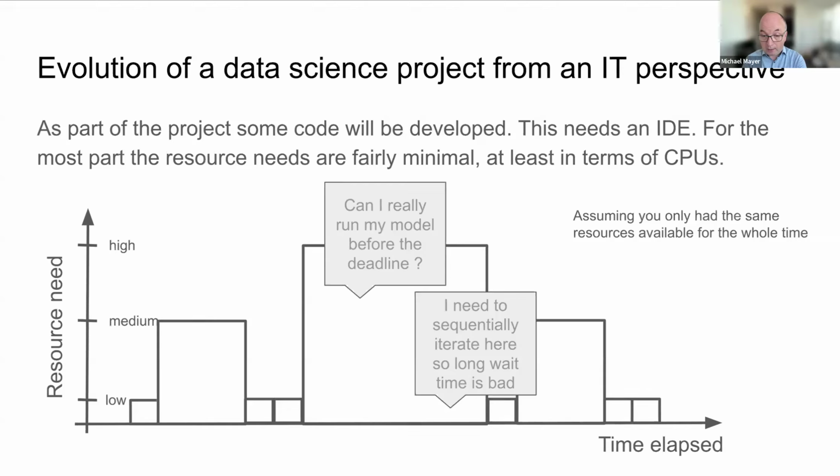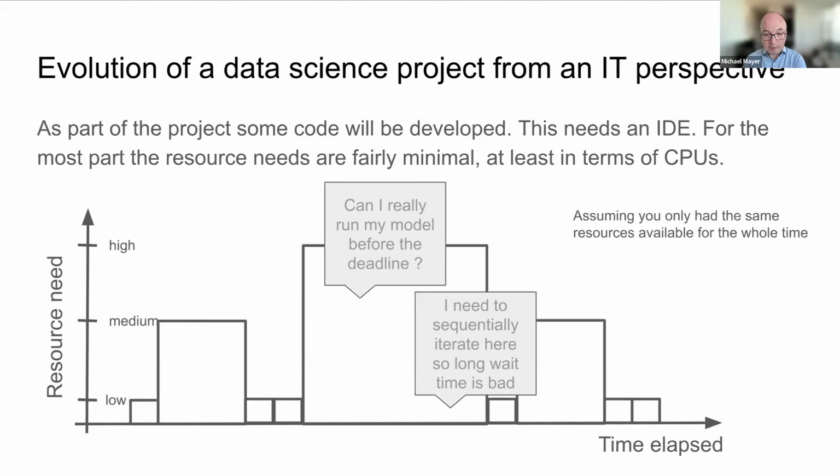you may realize that your model needs to run for such a long time because it's so complex, and you really are looking into ways to speed it up using parallelization, for example, just to make sure that you can run your model before your deadline approaches.